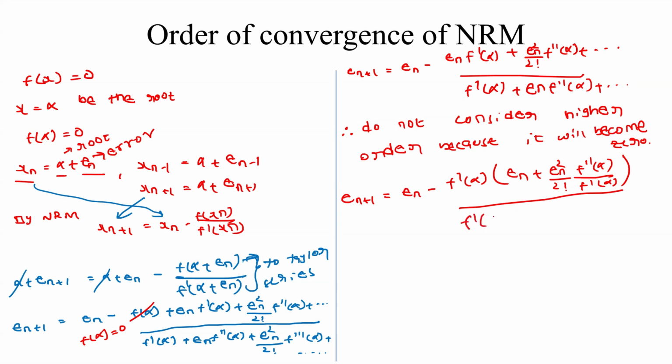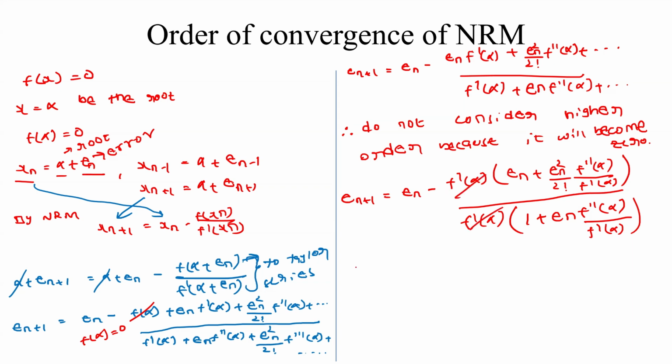In the denominator also we take f dash of alpha as common: 1 plus en into f double dash of alpha by f dash of alpha. I am not considering the higher derivatives because finally they will become 0.